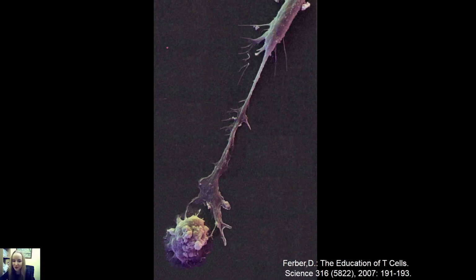Well, wow, this is a very good picture. First, I really didn't know what's going on here in this picture, but this is a T lymphocyte, probably. Okay, so we cannot tell, but this is a T lymphocyte right here that is communicating, or it's really attached to the process of a dendritic cell.